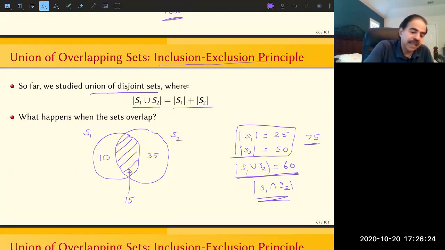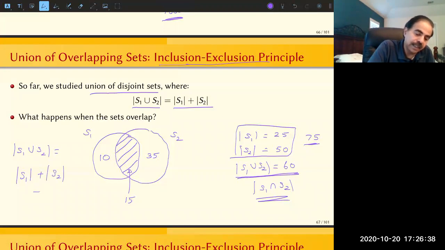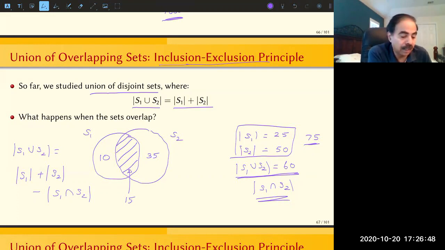Basically what you can say is that the size of S1 union S2 equals the size of S1 plus the size of S2, and then minus the size of S1 intersection S2, because the intersection elements will be counted twice if you just simply add up the numbers.